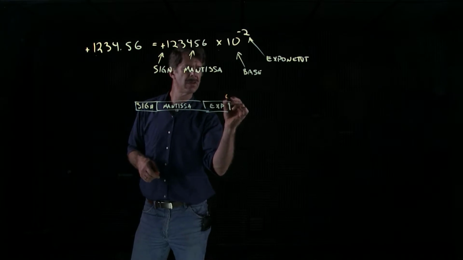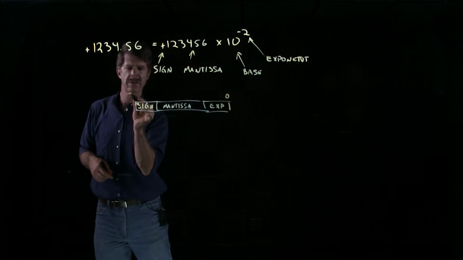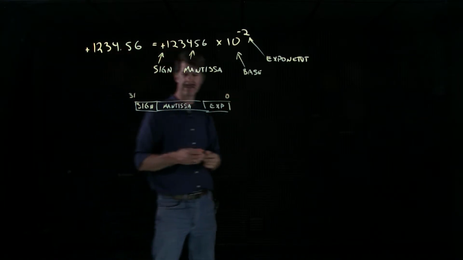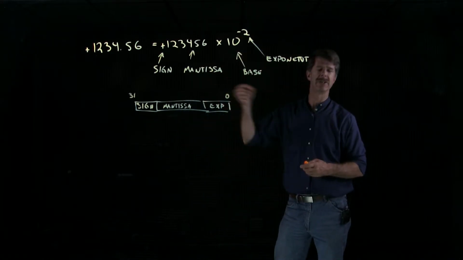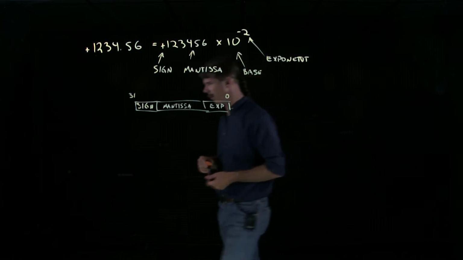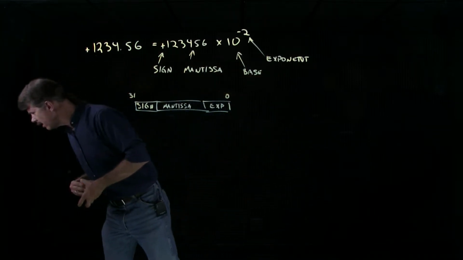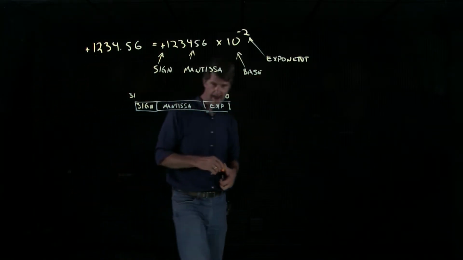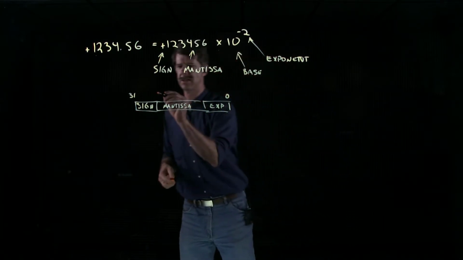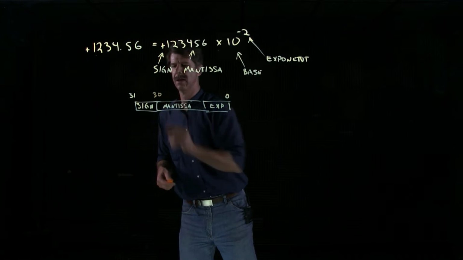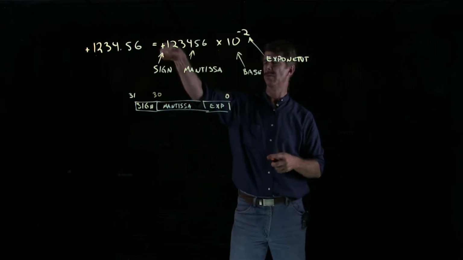A typical one would be 0 to 31 bits, so a total of 32 binary digits in the total number. And the interesting thing about that is the sign is always going to be one of those digits, because you only need one binary number.